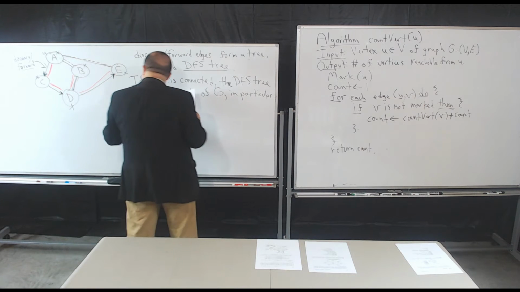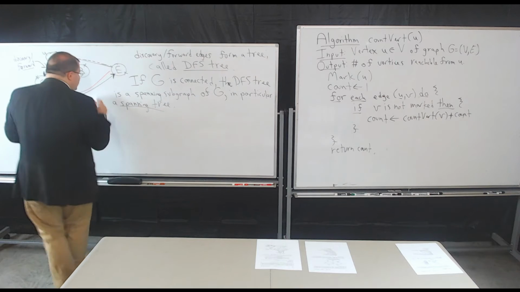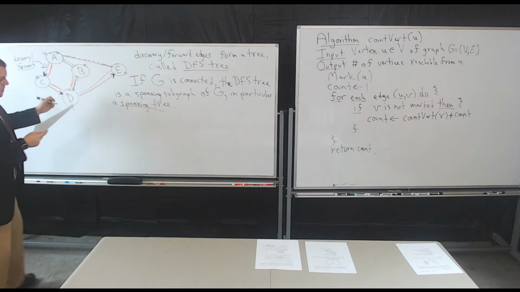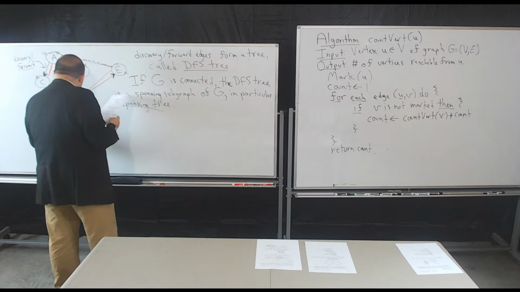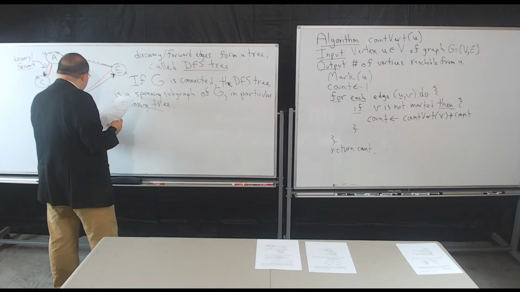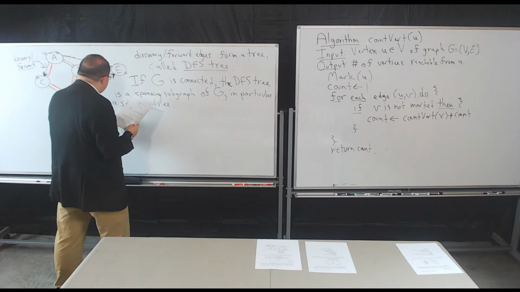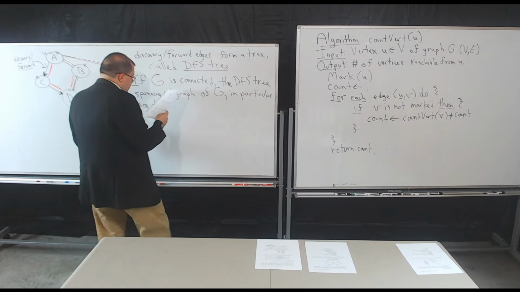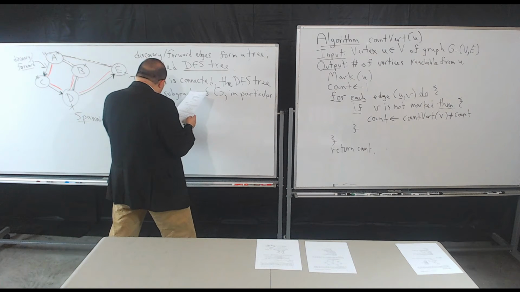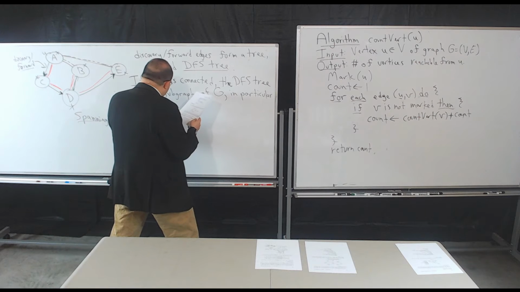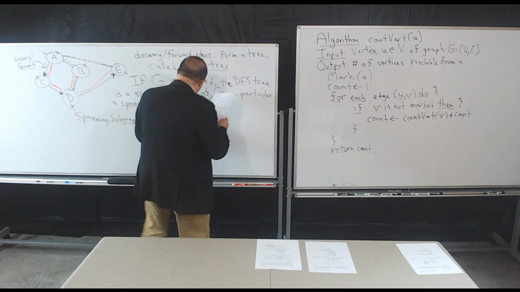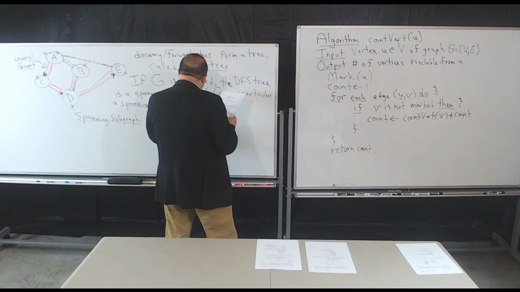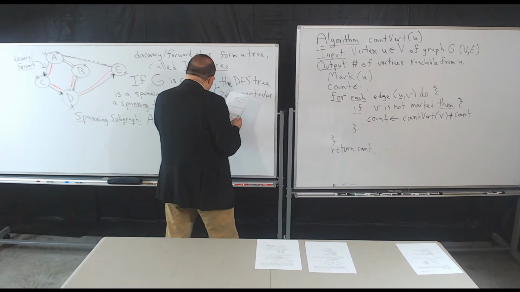We'll talk about spanning trees maybe next time in more detail. So a spanning subgraph, just for clarity, is, and I'm going to say that it's not necessarily connected. It doesn't have to be connected.